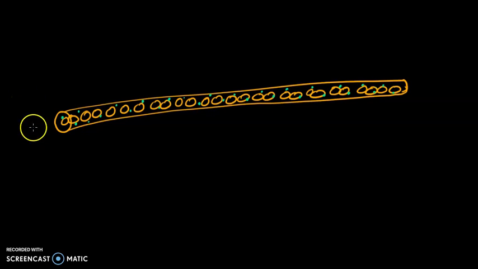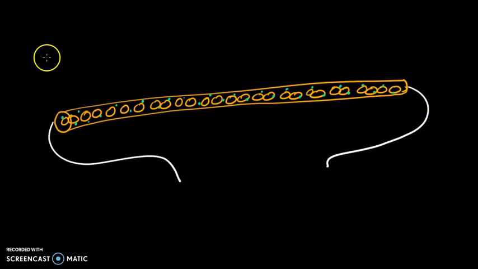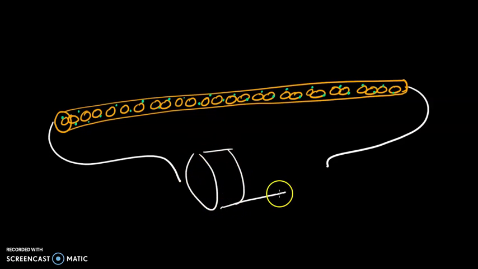In this case, we're going to connect our copper wire to a battery. So our battery has got one pole which is positive and one pole which is negative.